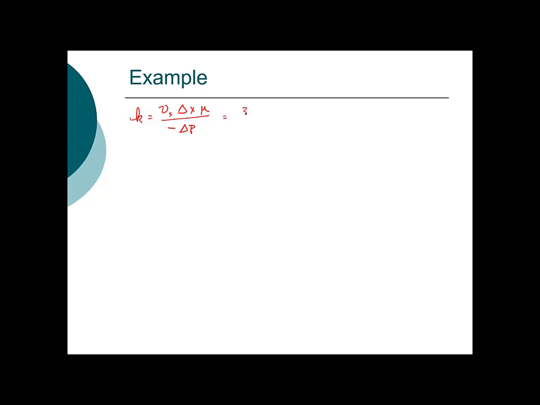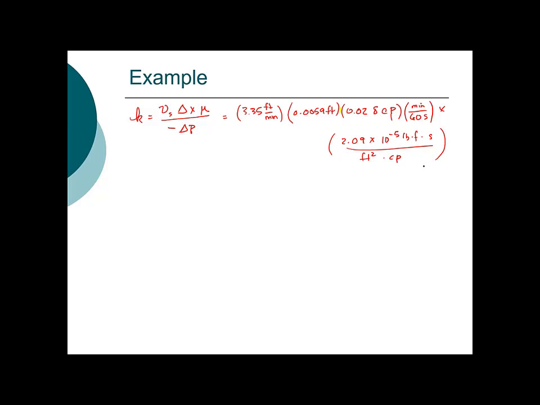So this is 3.35 feet per minute and 0.0059 feet. The viscosity is 0.028 centipoise. You need to multiply by 1 minute per 60 seconds, and then we'll multiply by 2.09 times 10 to the minus 5 pounds force second over foot squared per centipoise.